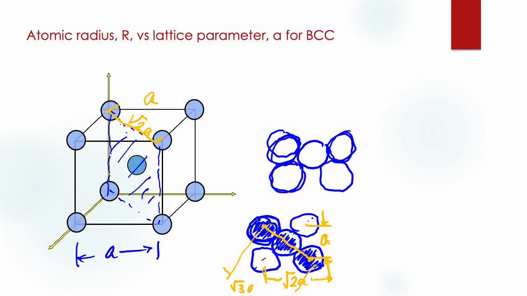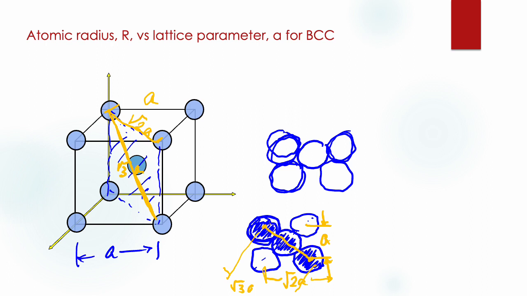Okay, so these atoms are in contact along this diagonal. We call this the body diagonal because it's going completely across the unit cell, top to bottom, right to left, back to front. That dimension is square root of 3 times a.